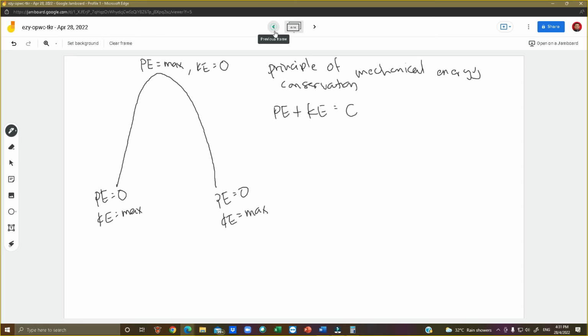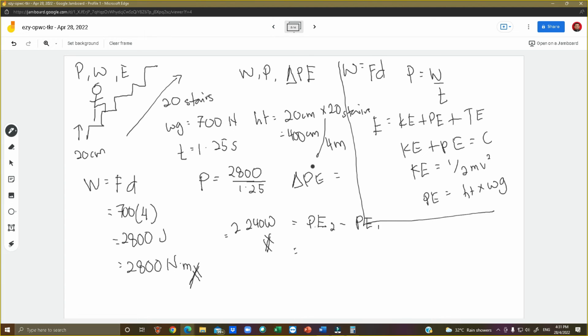Okay, so when we go back here, the question asks you about what is the change in potential energy. So we know that potential energy is height times weight. Number 2 minus height times weight 1. And we know that at the base of the movement, potential energy is 0. So tinggal cek satu ni je.